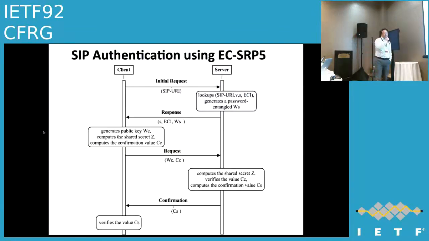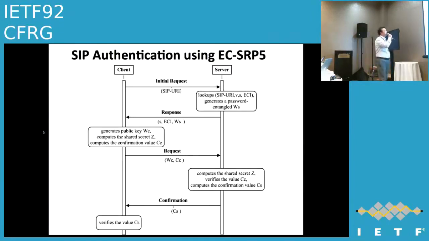Now look at the procedure of authentication using the ECSRP file. The client first starts an initial request, using its SIP URI.